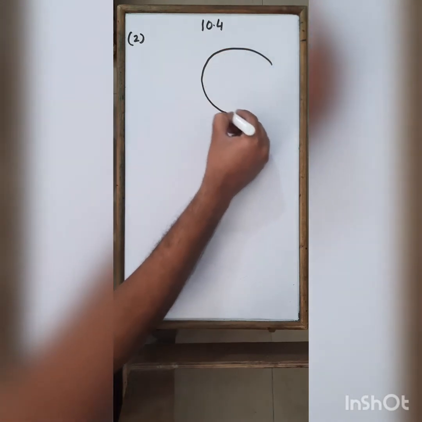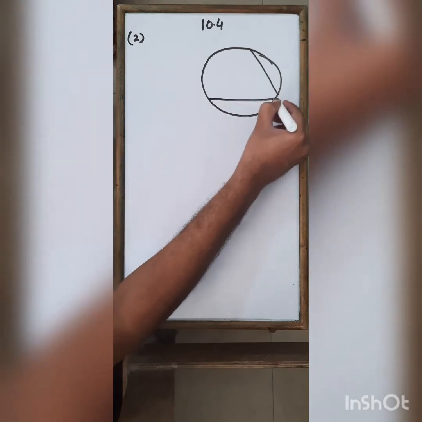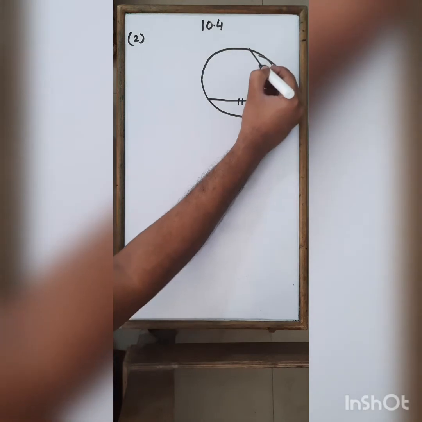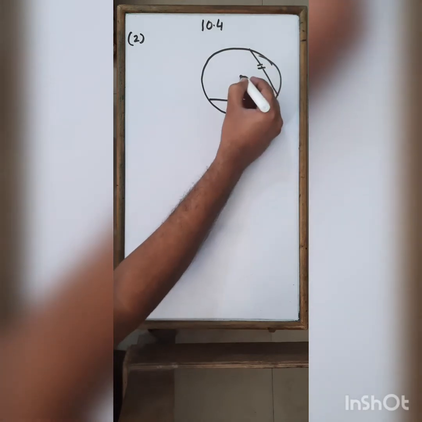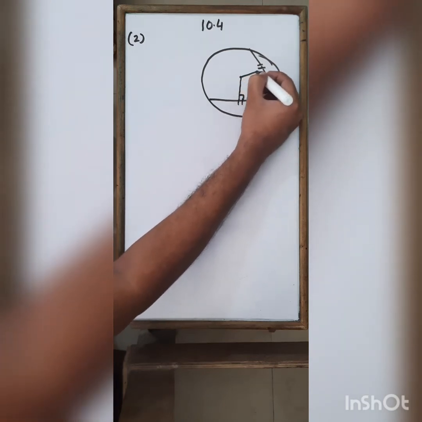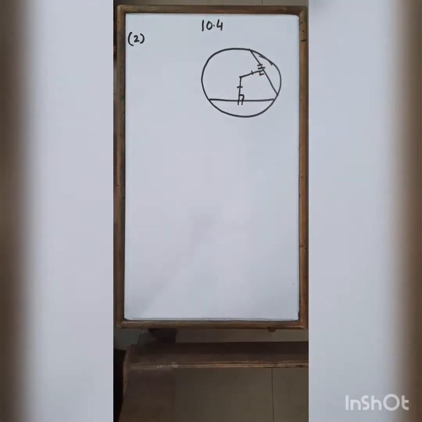In a circle, if there are two chords which are of equal length, then if I draw perpendicular from the center on these chords, the distances will also be equal. This property is known as: equal chords are equidistant from the center of the circle, and distance means altitude, 90 degrees. You have to remember this.